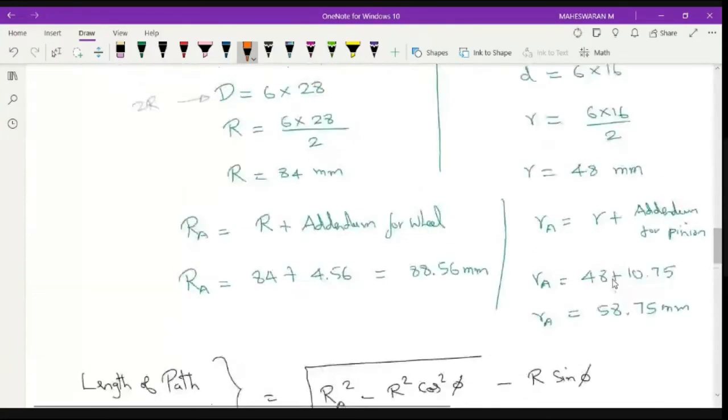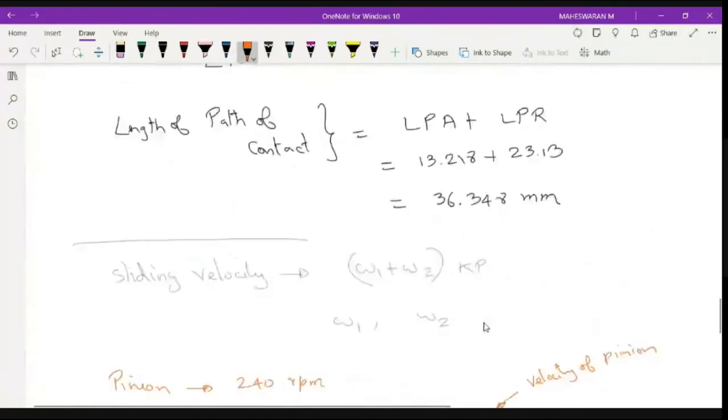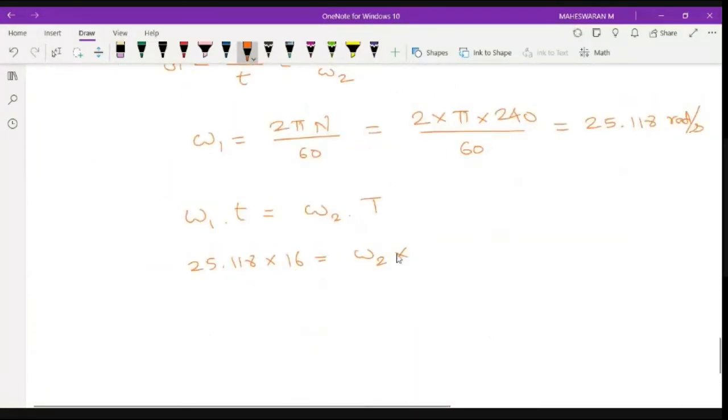So omega 2 is 25.118 into 16 divided by 28.